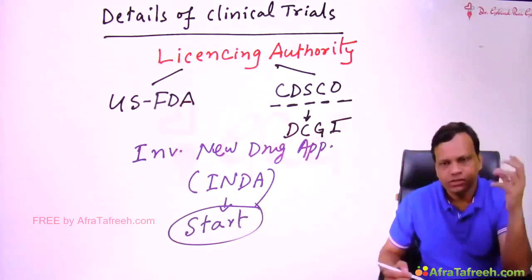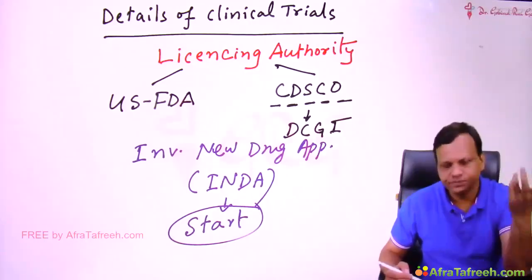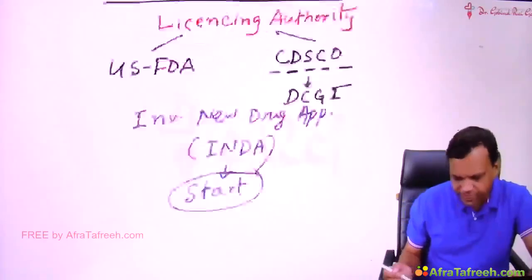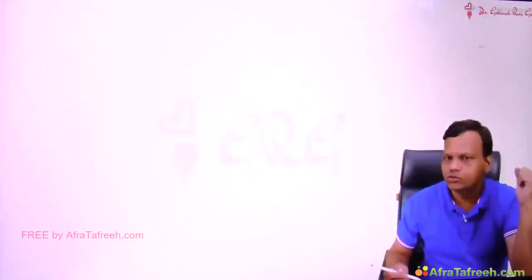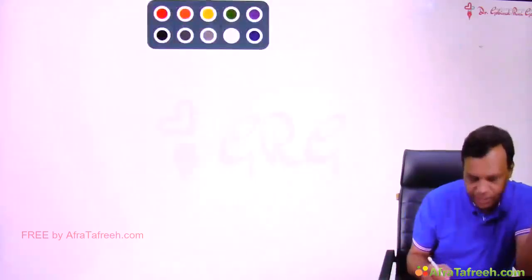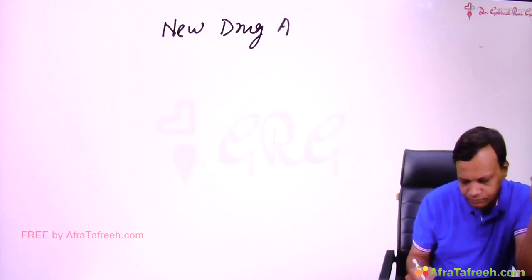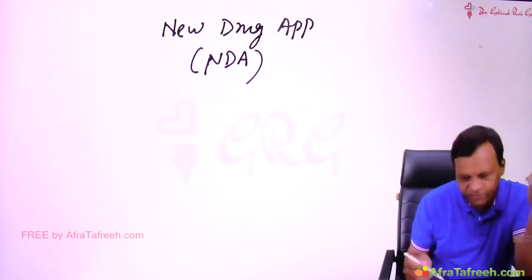Then we do phase 1 trial, phase 2 trials, phase 3 trials, as we discussed earlier. And after the phase 3 trial, when we are sure that the drug is going to be safe and effective in humans, then we will write another application to these people, which is known as new drug application, NDA. Now, how is this application different from the earlier one?